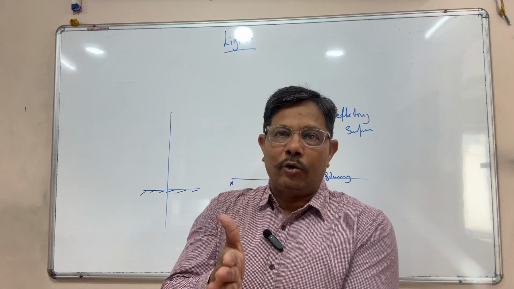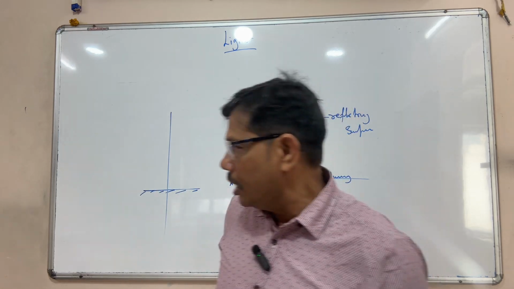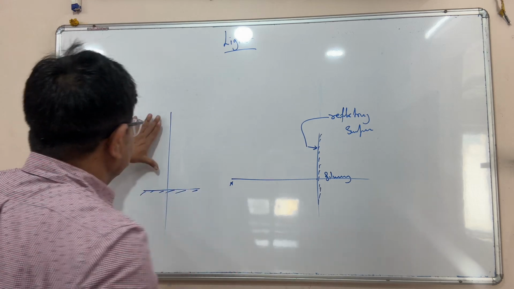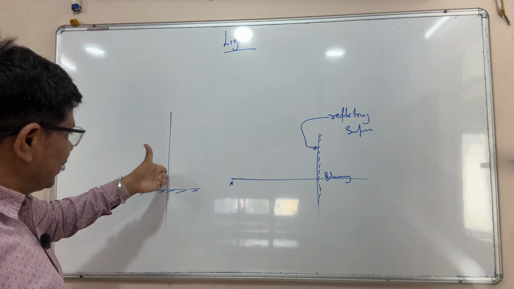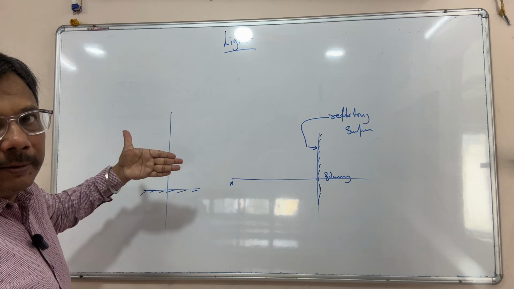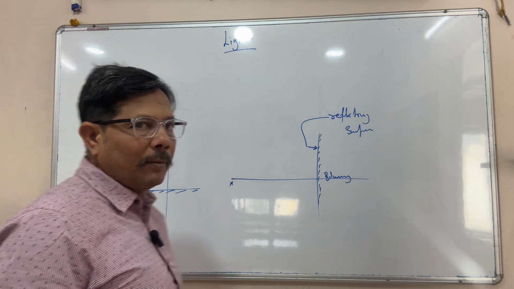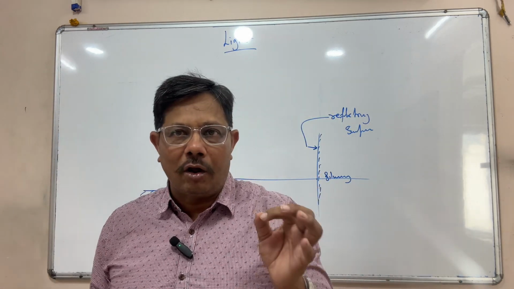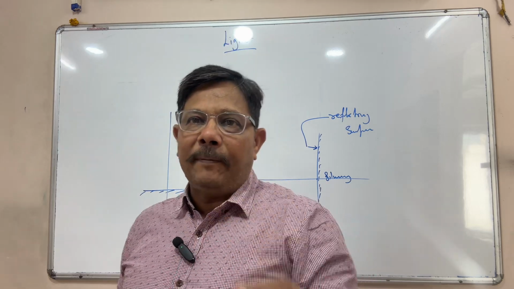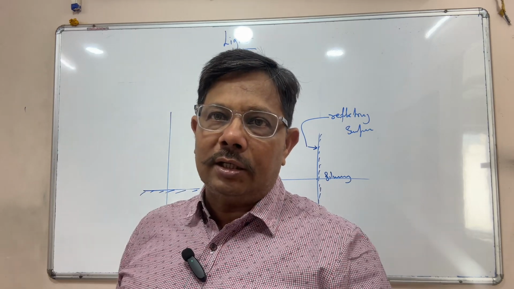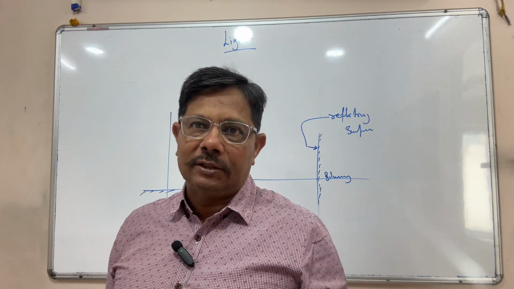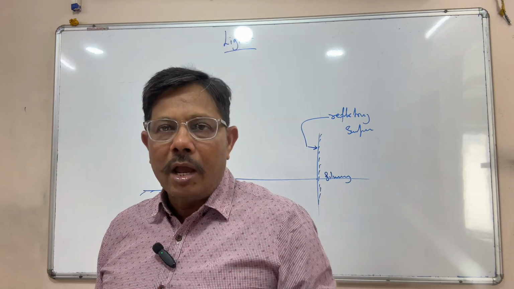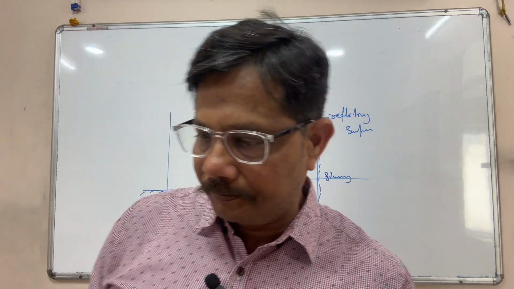Normal means perpendicular to the plane. So this is the normal, and when it is like this, it will be the plane, the normal plane. The plane perpendicular to the reflecting surface is called the normal plane, and the perpendicular line drawn on the reflecting surface or a plane surface is called normal.